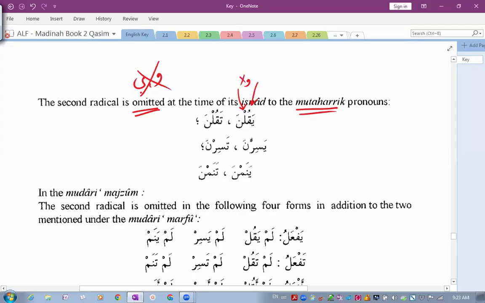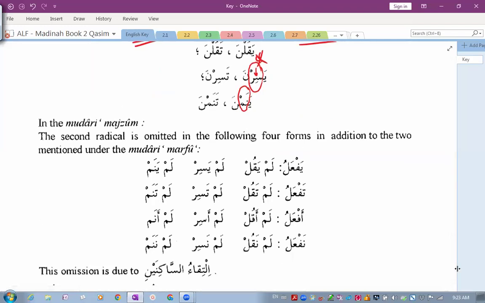Sara yasiru, the ya got dropped, so you have a sin and a ra. Nama yanamu, the waw in the middle radical got dropped, so you have a noon and a meem coming together with no sign of a waw in between. So only with the mutaharrik pronouns, which are only two in the mudare, hunna and antunna.